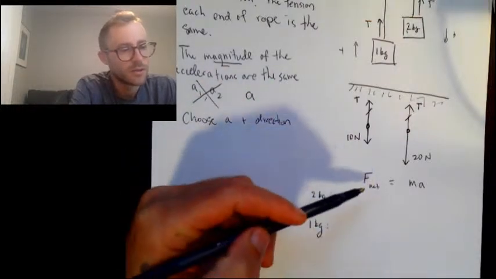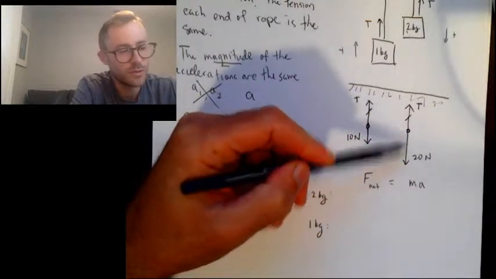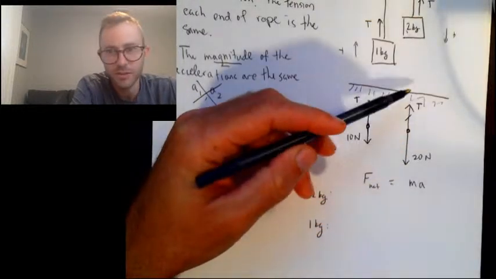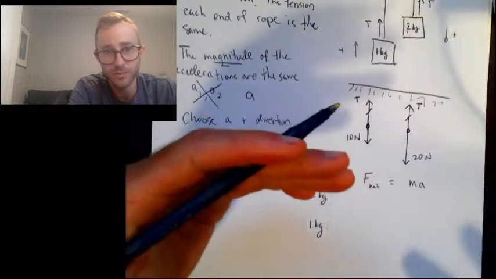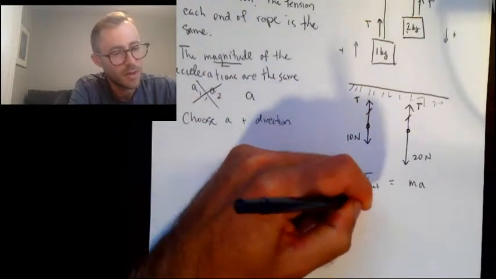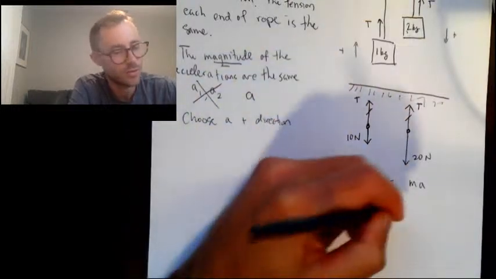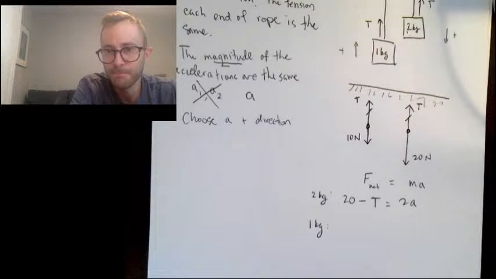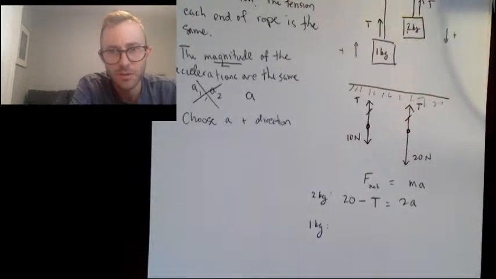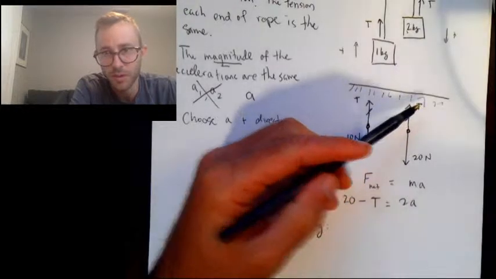For the 2 kilogram mass, it has a 20 Newton downward force and tension going upward. The tension is unknown. So I'm going to have 20 minus T equals m a, so 2a. Now you might ask, isn't tension going upward? Shouldn't that be the positive force?